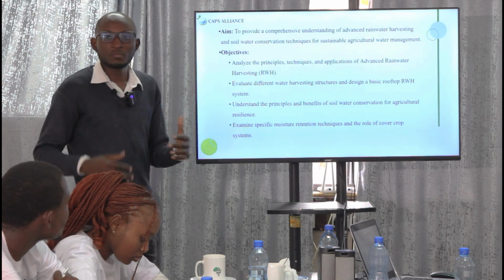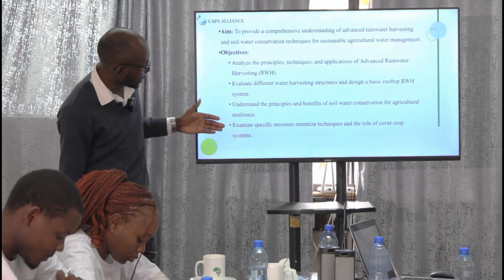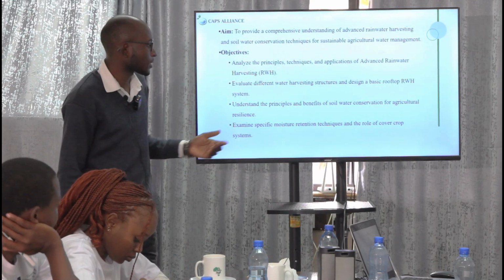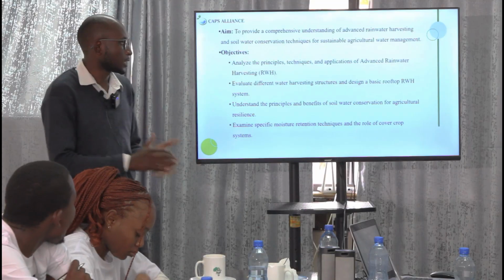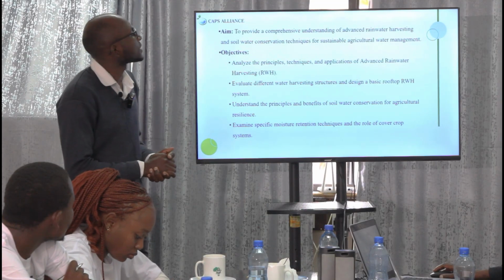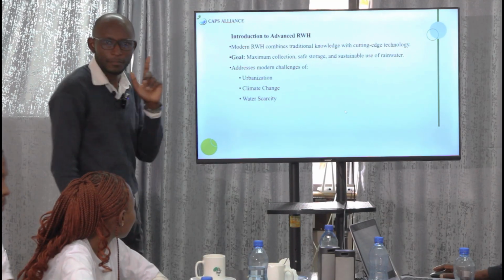But then, for the species that are not drought resilient, how do we conserve this moisture? Then we shall examine specific techniques for retaining moisture. Then we shall have wrapped up our session for advanced rainwater harvesting. Now, why?